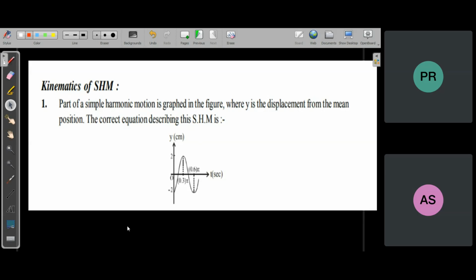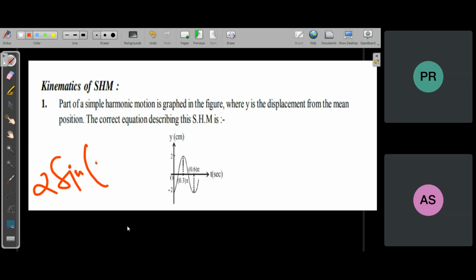Yes, sir. Sir, it's 2 sine 3.3 t plus 3 pi by 2. Yeah, tell me. Sir, 2 sine 3.3 t plus 3 pi by 2, or minus 2 cos 3.3 t.